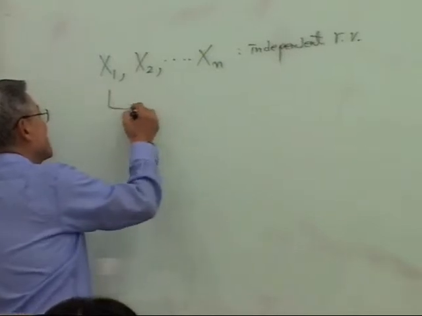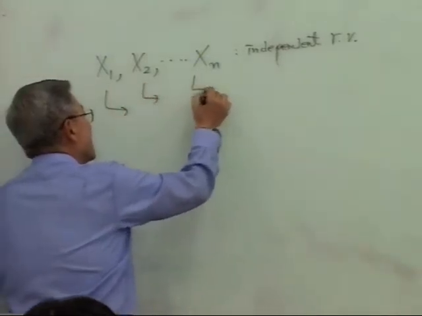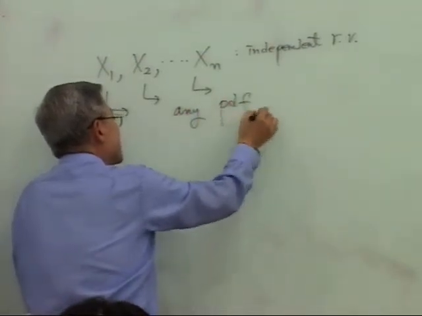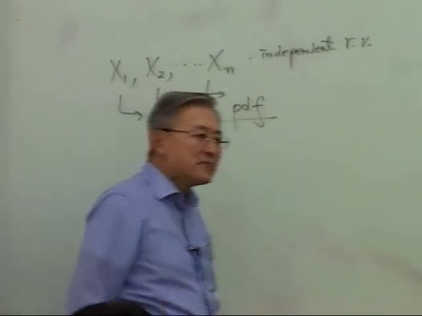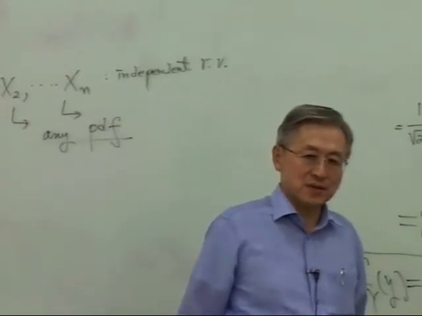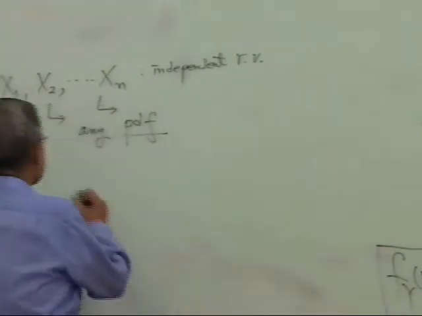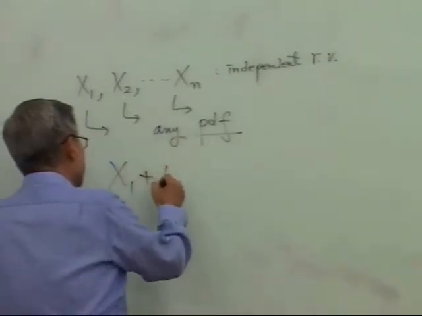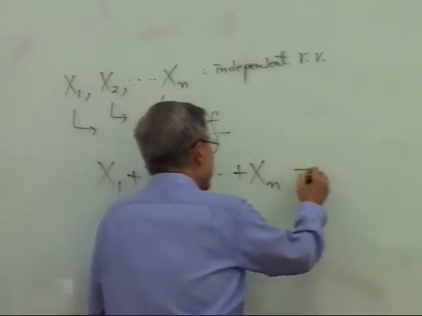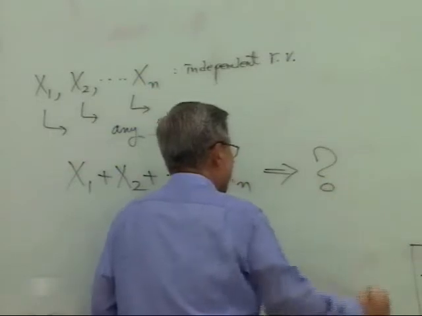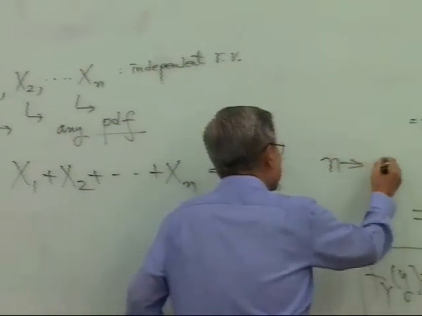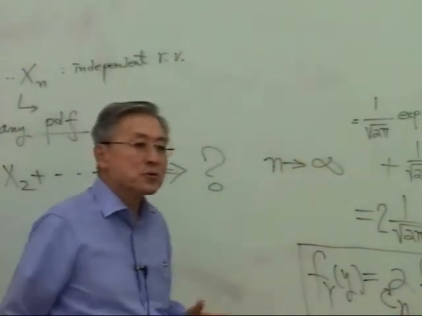And also, all these terms have any probability density function. Any. It doesn't have to be normal distribution, it can be any probability density function, okay? Then the question arises: x1 plus x2 plus all the way through xn. The question is, what's the probability density function as n approaches infinity? Approaches, okay?